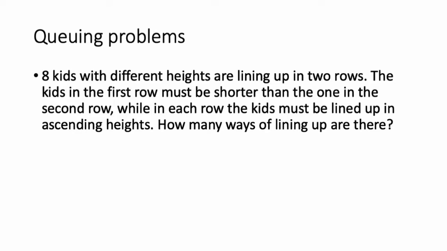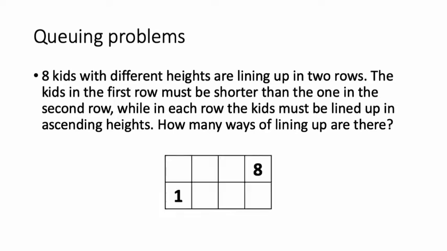So we'll draw out the rows. You can easily see that 1 must be on the bottom left corner and 8 must be on the upper right corner for us to fulfill the condition. So how will we change this problem into grids? The most important thing here is how we will put the kids.